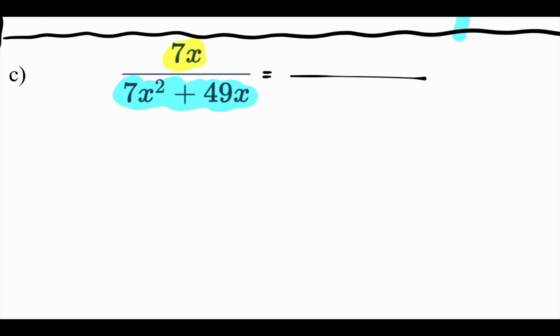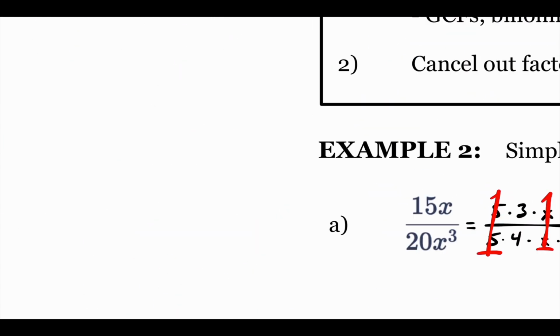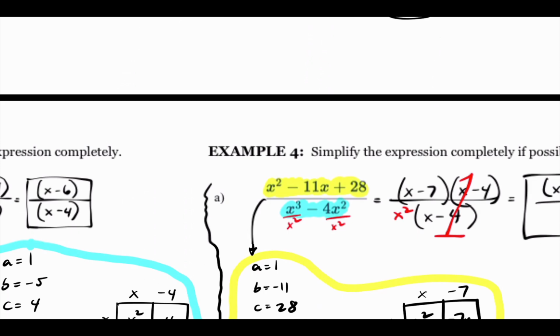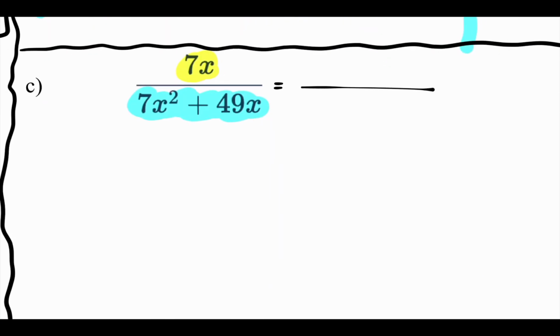It's got one term. So we're going to break it down like we did in the front. We're going to break it down like how we broke down these guys. So can 7 break down at all? Nope. So it's just 7 times x.